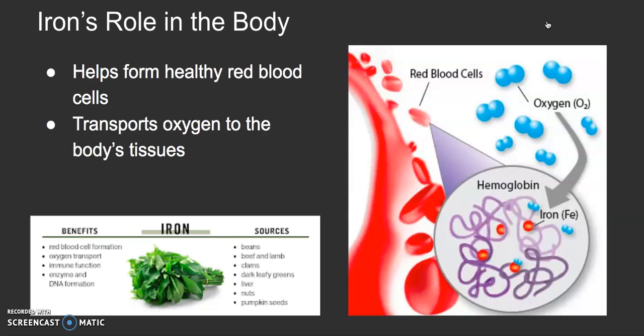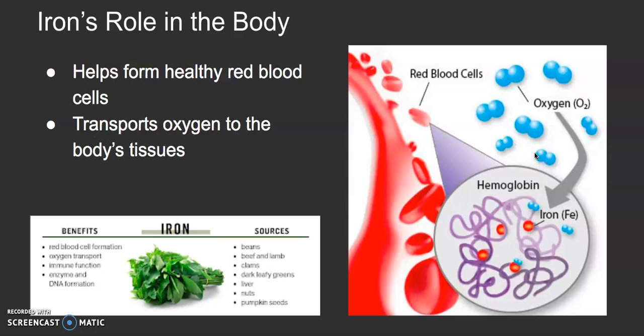Iron's role in the body is to help form red blood cells. Red blood cells are kind of just these sacs of hemoglobin. So hemoglobin has some globins and these four molecules called hemes. At the center of each of the hemes is an iron. Iron has a high affinity to bind to O2, which is the kind of oxygen that we breathe.